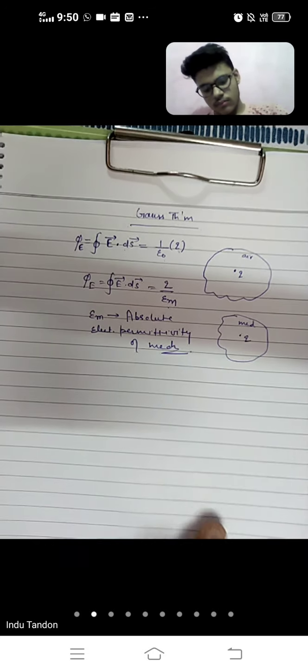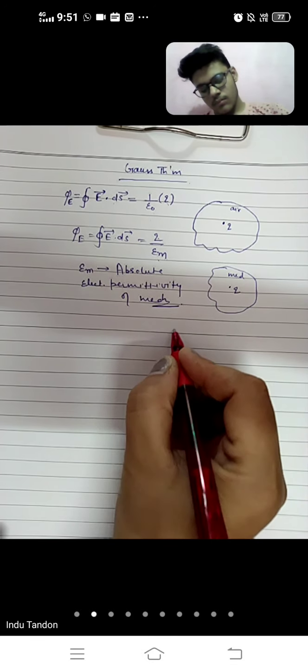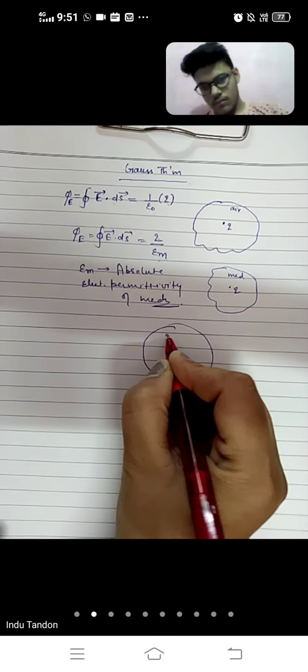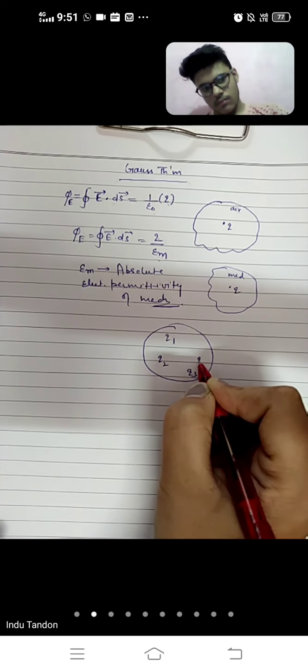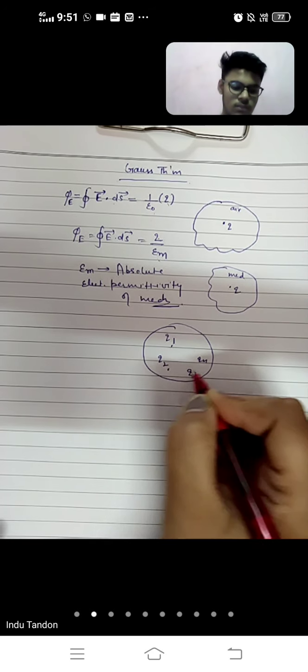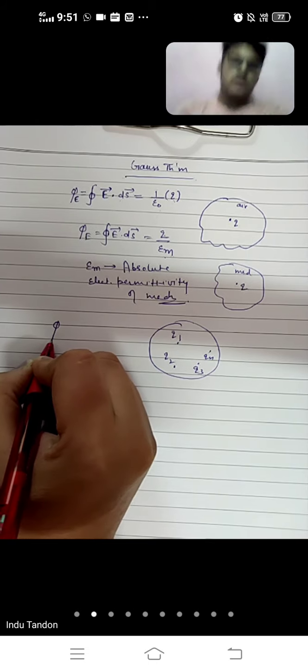Now if this surface includes a number of charges in place of a single charge, say the enclosed surface has the charges q1, q2, q3, up to qn, what is the flux associated with this?